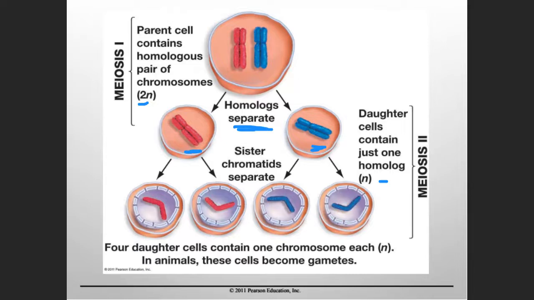During meiosis II, now you're going to separate the sister chromatids so that at the end of meiosis II, or at the end of meiosis completely, you should have 4 daughter cells that each contain 1 chromosome each. And these are the ones that become the sperm and the egg later on, depending on if you're male or female.